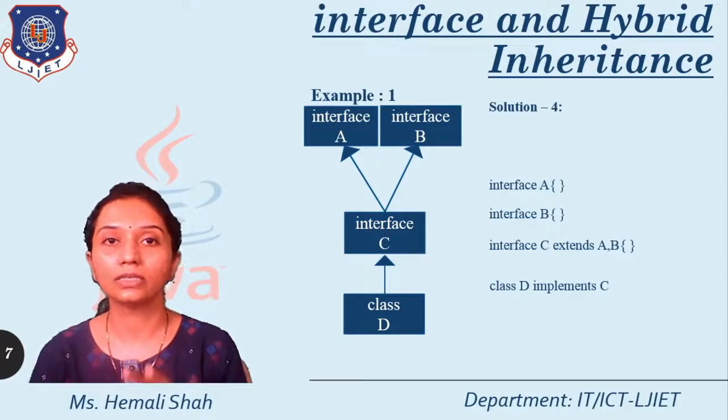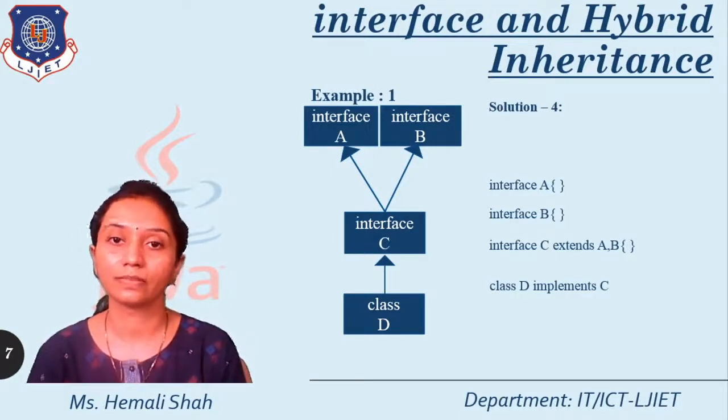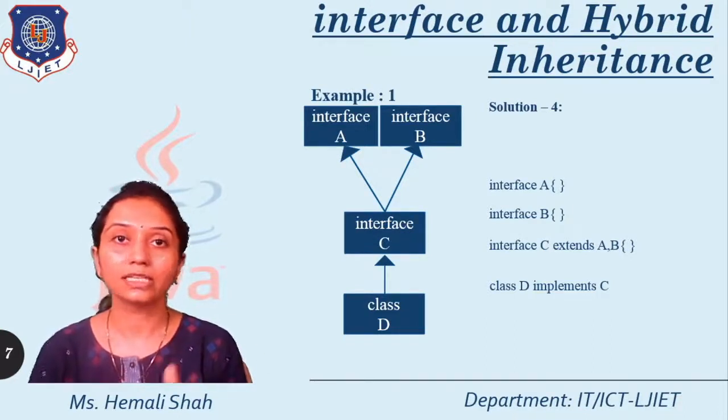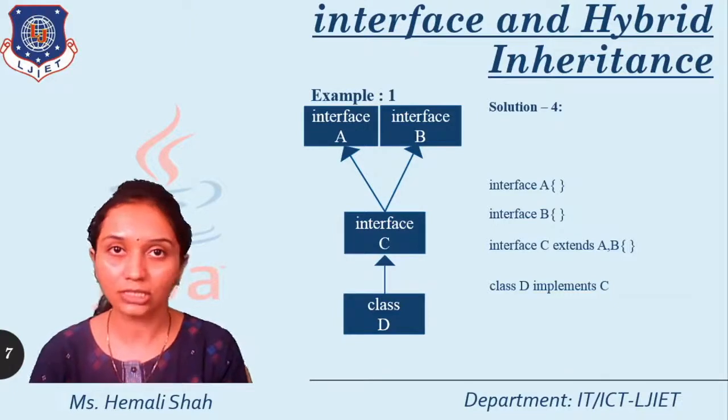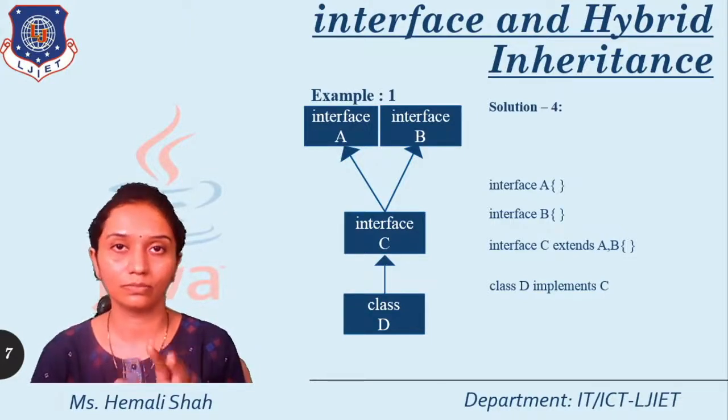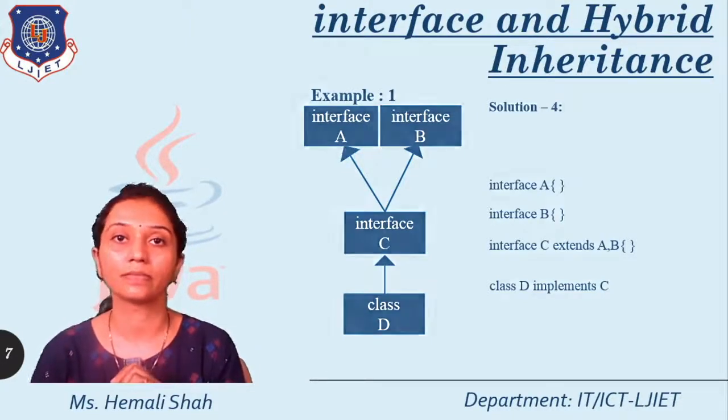In this solution it is possible, you can create D as an interface. Now in the previous solutions, if anyone present is a class, then you cannot create D as an interface. Keep in mind, right? So only one more solution is possible, D as an interface, right?